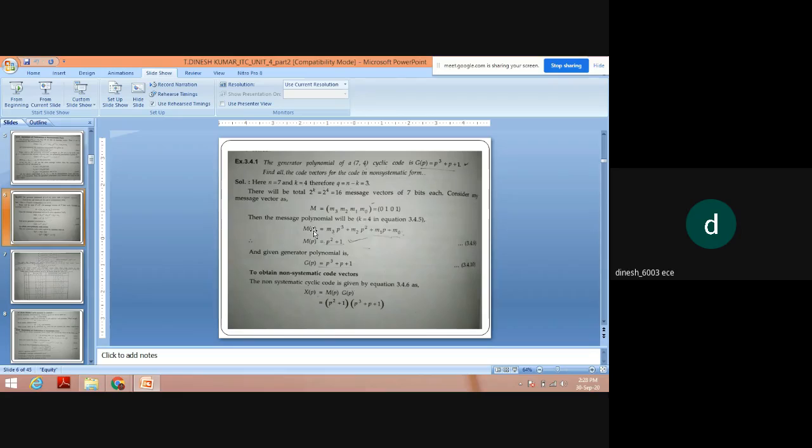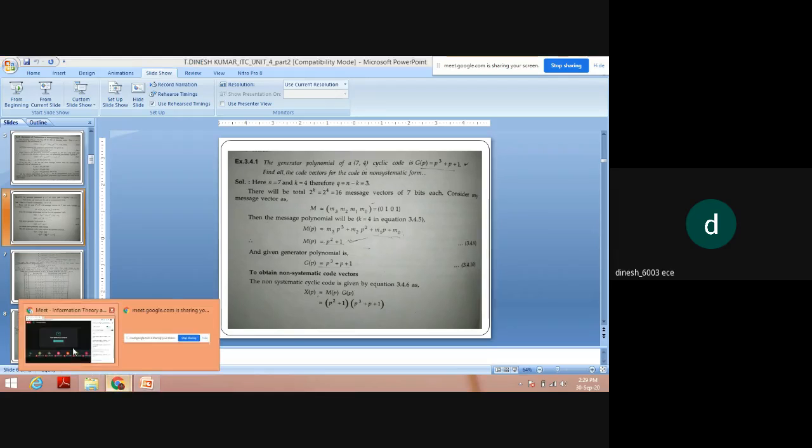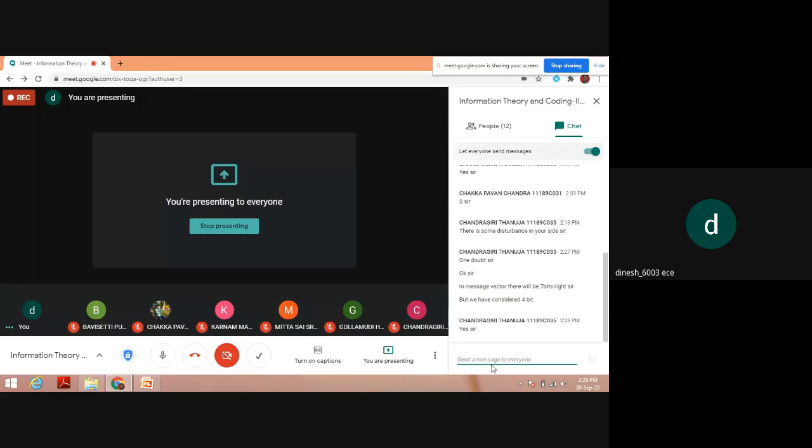So now here in this problem, the k value is 4. Since the k value is 4, we get m0, m1, m2, m3.